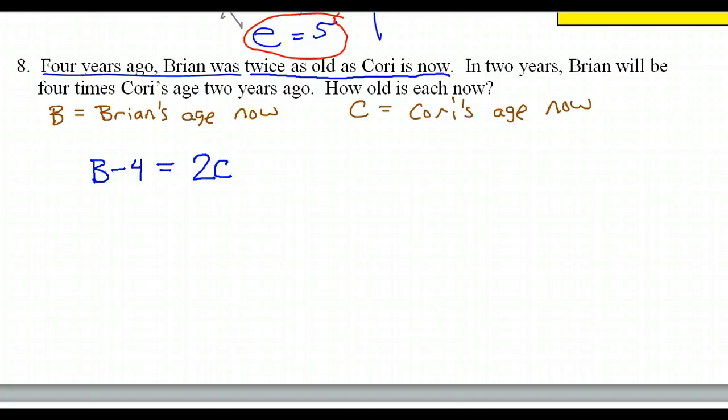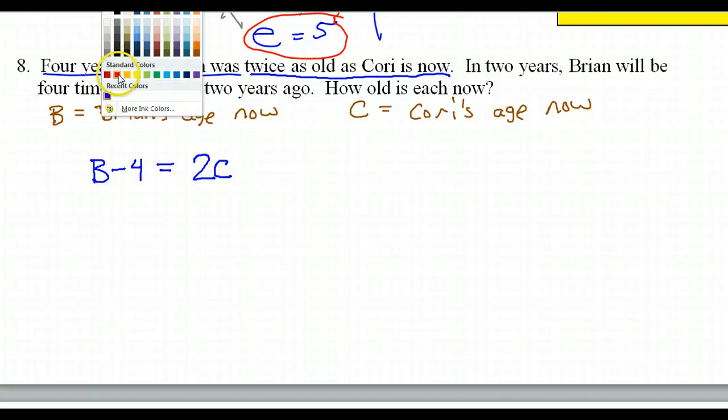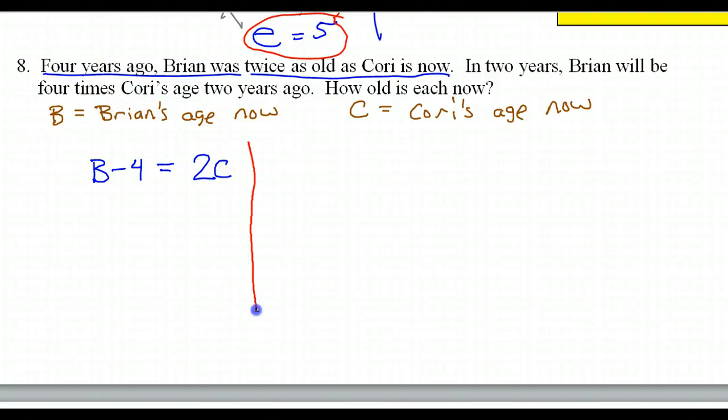Now, we just need one more equation and we're home free. Here we go. In 2 years, Brian will be, so I don't need to look at the next part yet. This is the first half of the sentence. If this is Brian's age now, what would be an expression for Brian's age in 2 years?